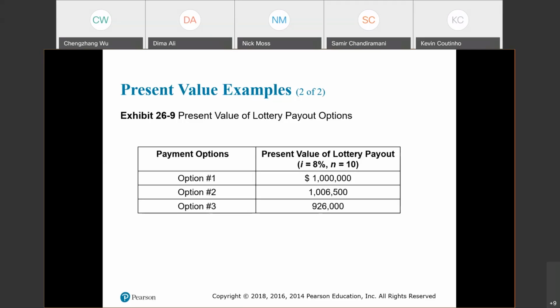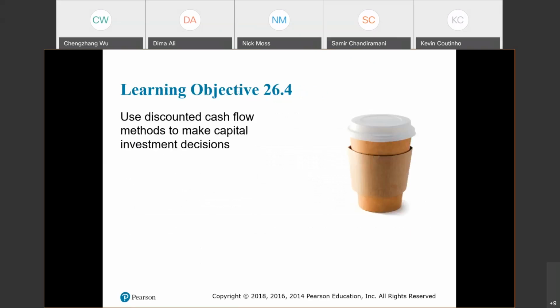Well, this is the introduction of time value of money. All right, let's continue our discussion of the 2 methods used for capital investment decisions that consider time value of money.